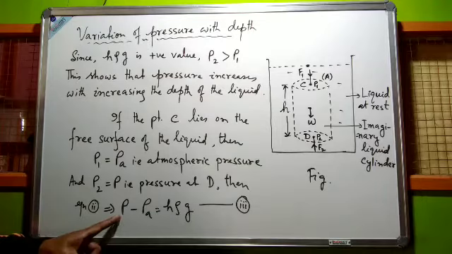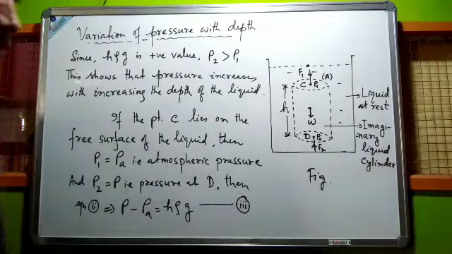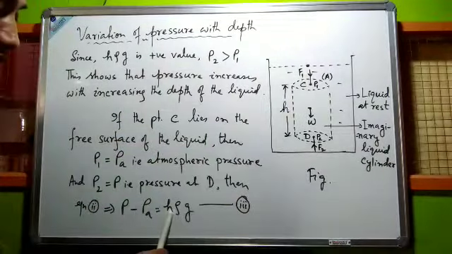So here capital P represents total pressure at point D and Pa represents atmospheric pressure, and this will be equal to h rho g.